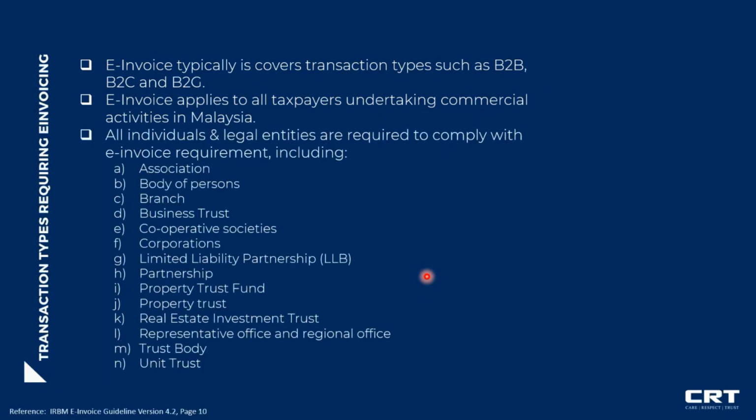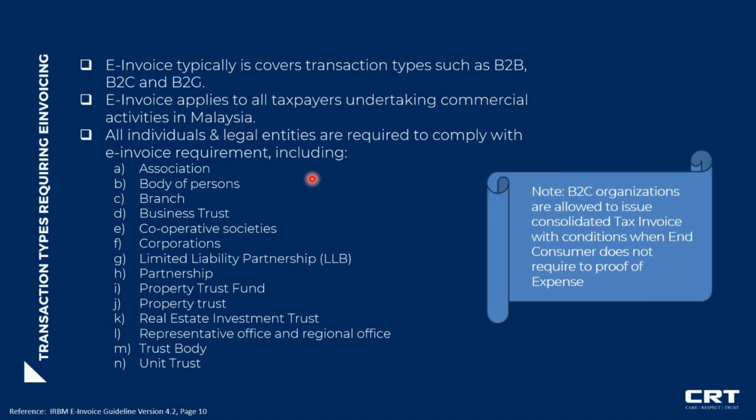All individuals and legal entities are required to declare your e-invoice, including all those listed sections. No matter whether you are a business trust, corporation, partnership, or unit trust, you are required to declare your e-invoice.